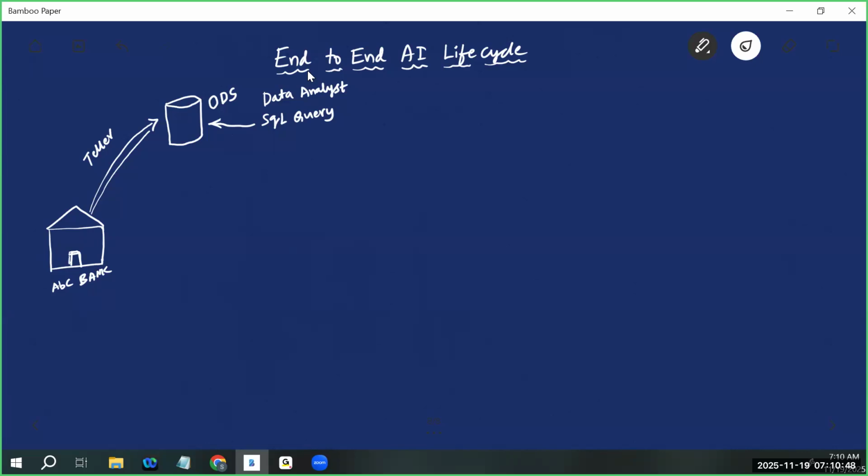Maybe there is one location which is only saving. There's a lot of balance there, but they are not utilizing the balance. There is another location which is requesting more loans, but there is no cash reserve. So people used to do this kind of analysis and try to understand how to do the best utilization.